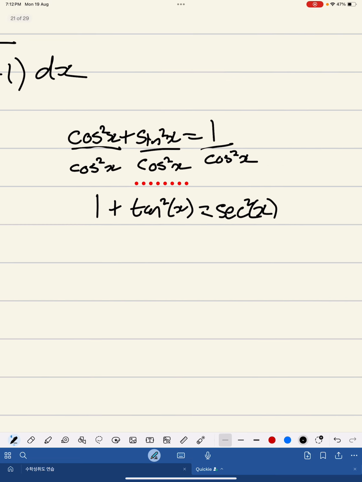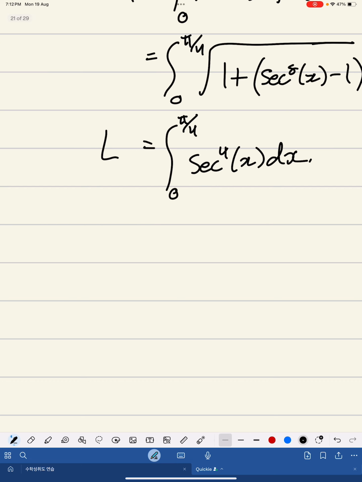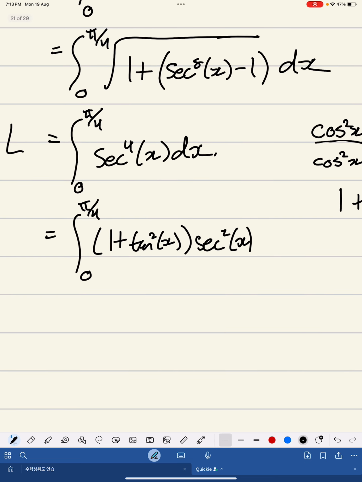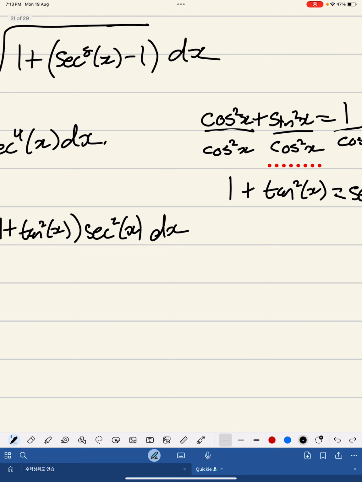So we can rewrite this as the integral from 0 to pi over 4 of 1 plus tan squared of x times sec squared of x. Now, those of you who are more familiar with this might see that when we differentiate tan x, we get sec squared x. So that makes our life easier. So here we can say let u equal tangent of x.